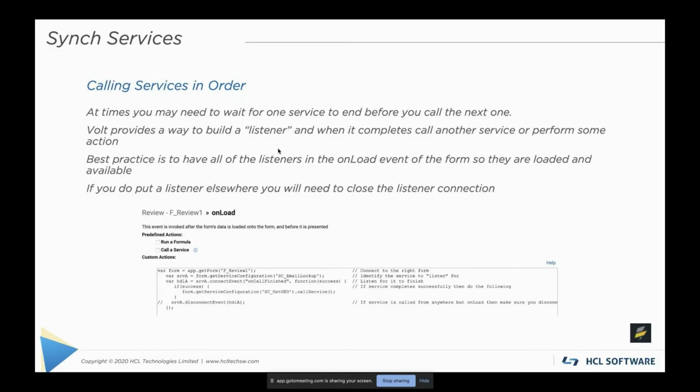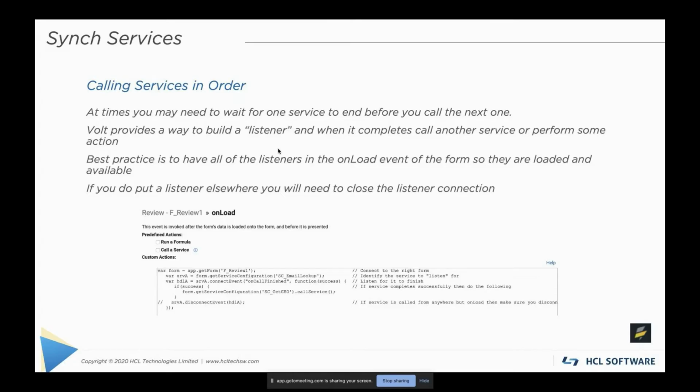Now there's some best practices around this, and I'll show you the different reasons you do this. So it says here the best practice is put it on the onload event, and that means because then it just loads once and it's always listening. The issue is that you can put it into another event like an on change or an on update or whatever event outside of the on load.